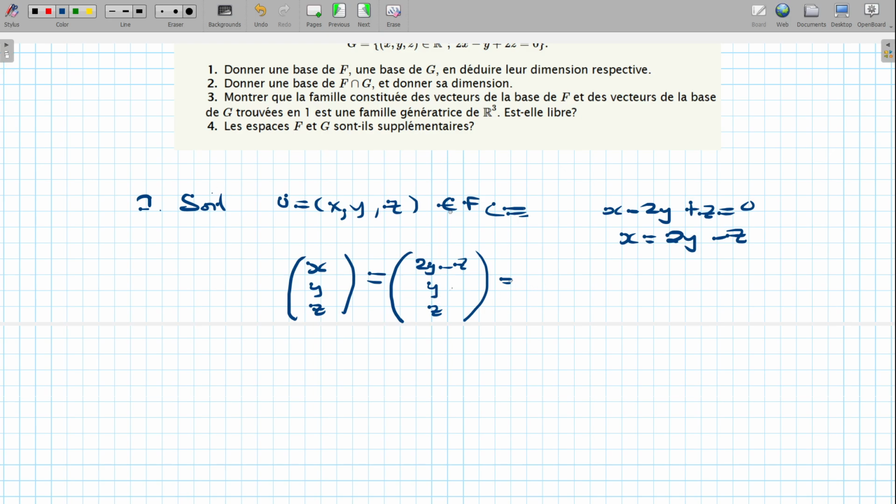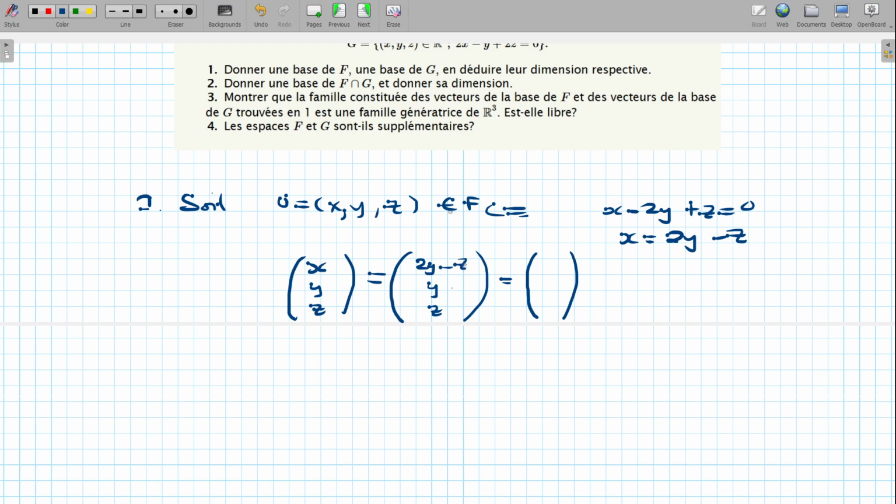So we need to further decompose this. Since here you have two variables, y and z, to find the first vector, the first thing you do is take z equal to 0.